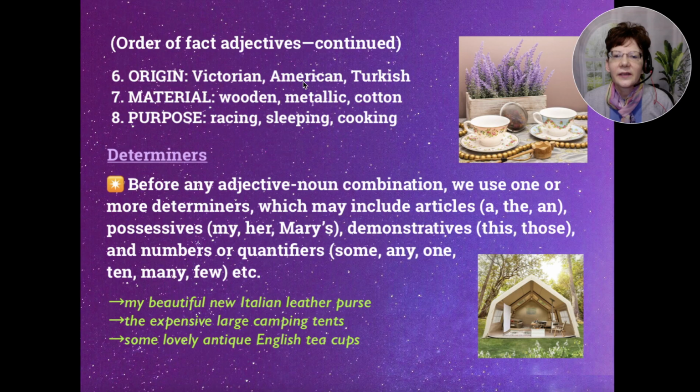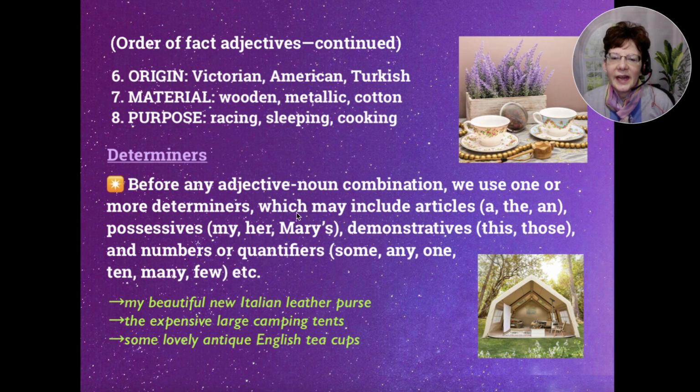Victorian, American, Turkish. After that, we have the material, what it's made of: wooden, metallic, cotton, maybe. And then the purpose, what it's used for or used in: racing, sleeping, cooking. So, these are what something can be used for. Okay, so let's talk about determiners.